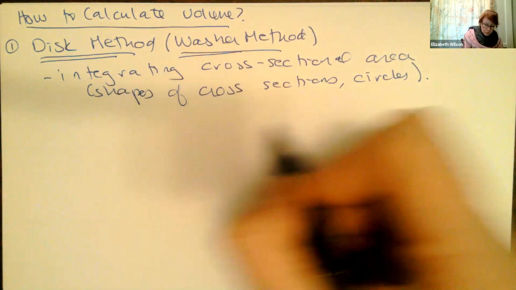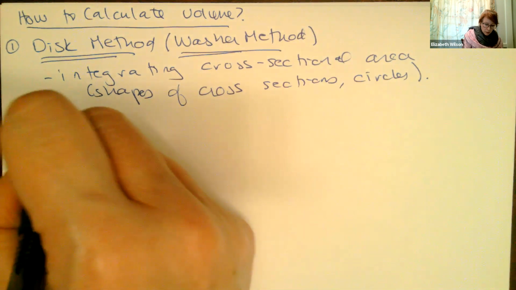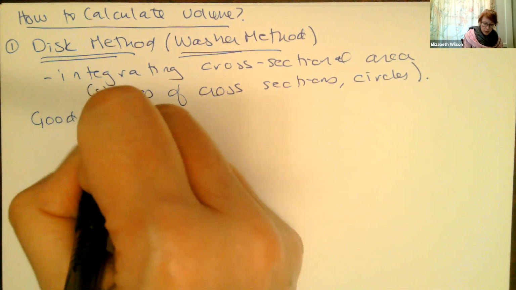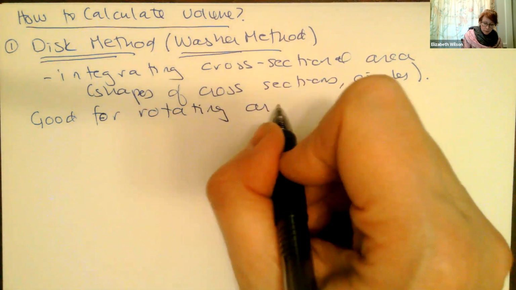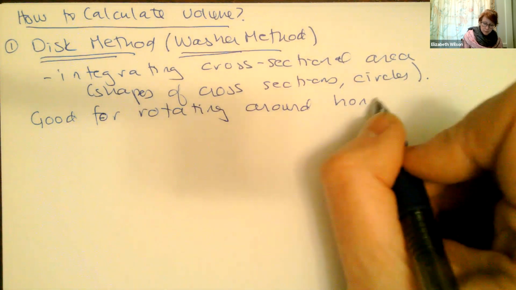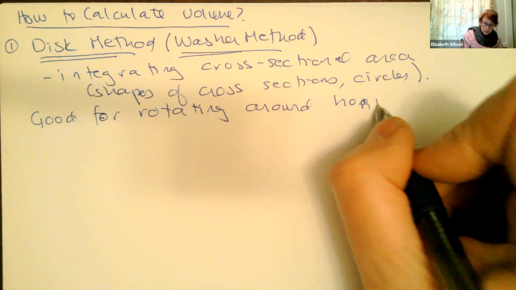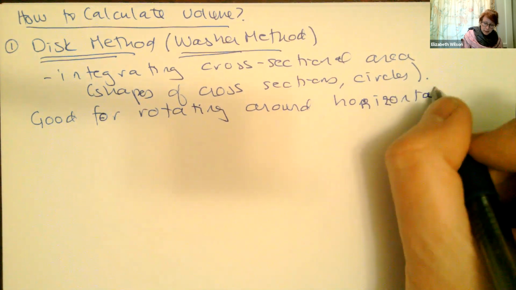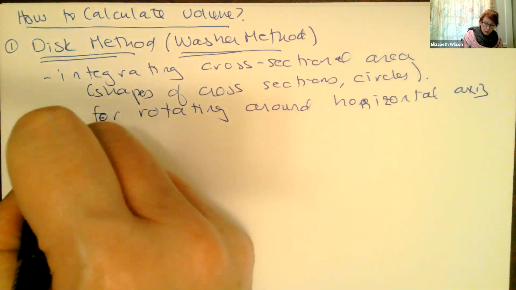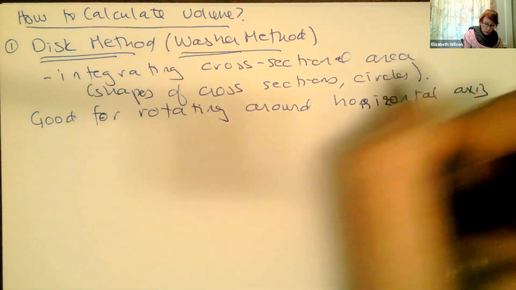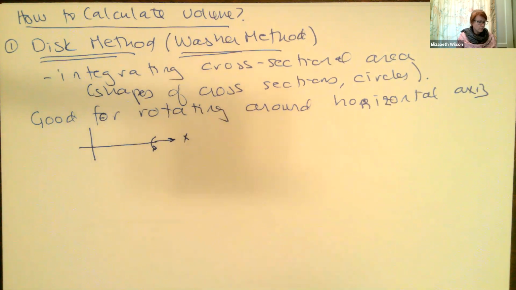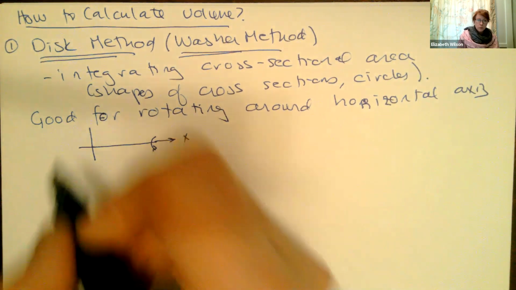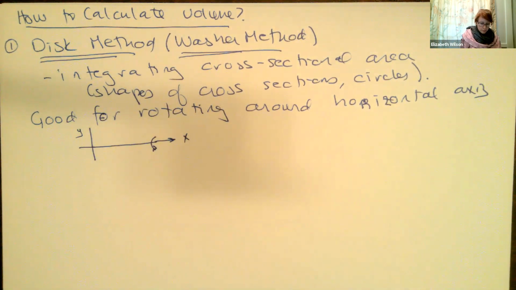This is good for rotating or revolving around a horizontal axis. So think about your disk method when you want to go around an x-axis, or something that's parallel to the x-axis.